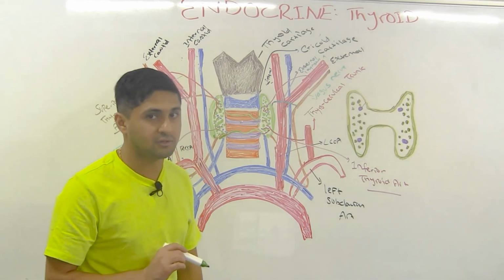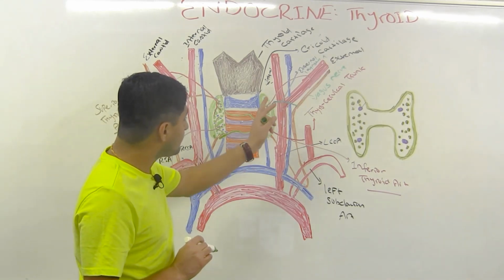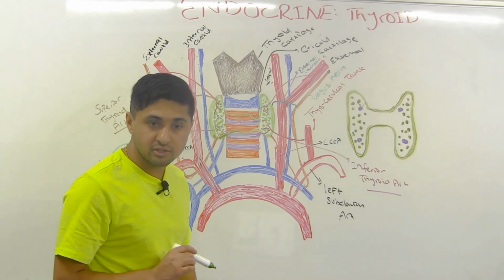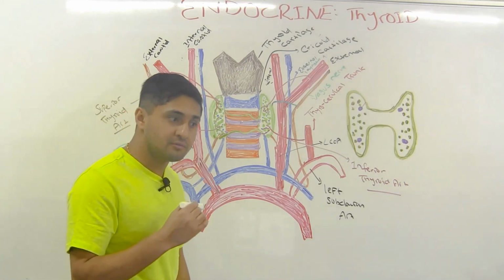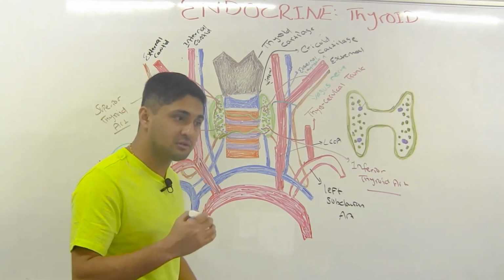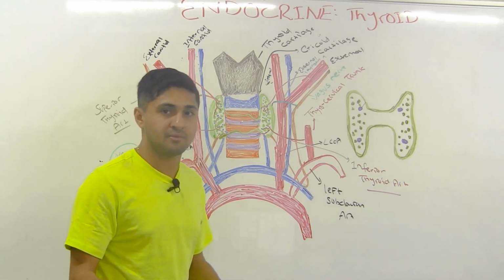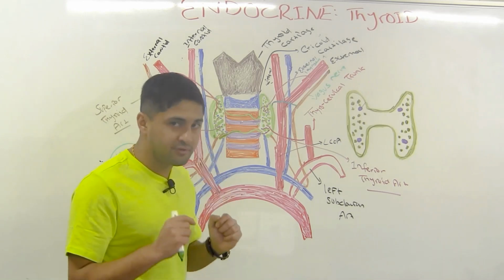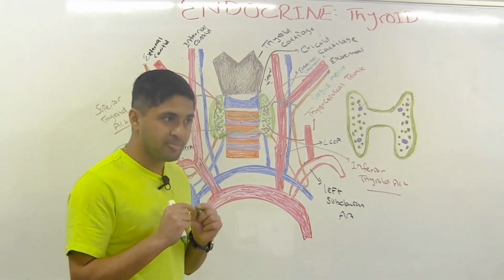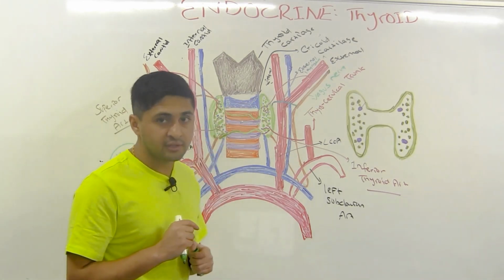That is one of the clinical importance. If you damage the external laryngeal nerve, whatever muscle it supplies will be compromised. That's why you have to be very cautious whenever you're working on the superior thyroid artery.